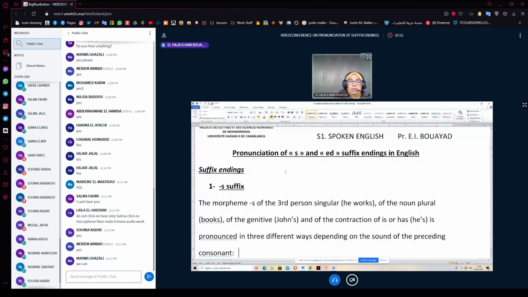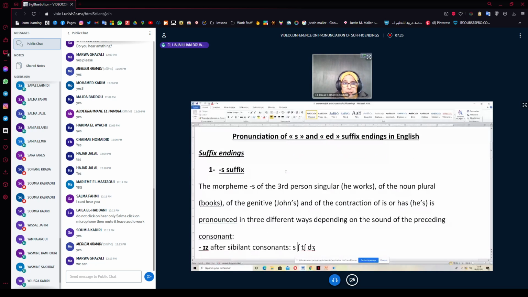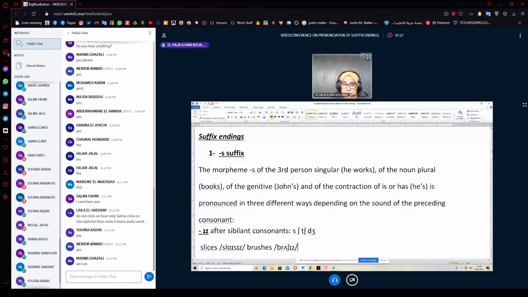Let's start with the S suffix. We call it morpheme S. As I said, it's a bound morpheme because it's a suffix that is attached to the word, and it cannot stand on its own. That's why we call it a bound morpheme.